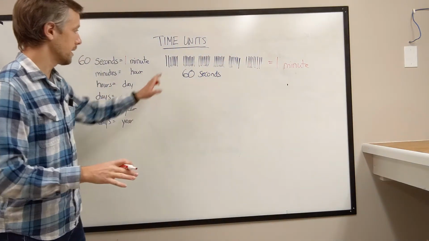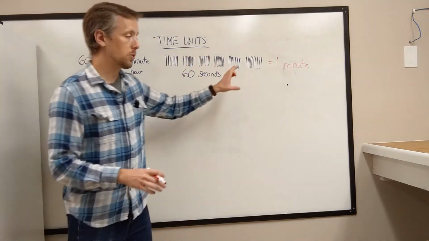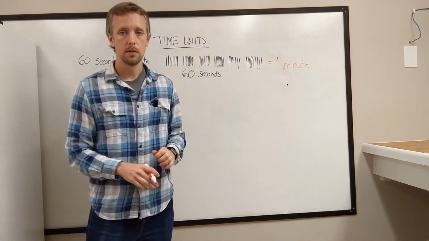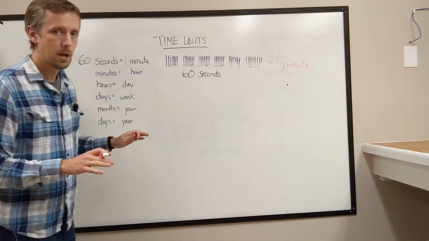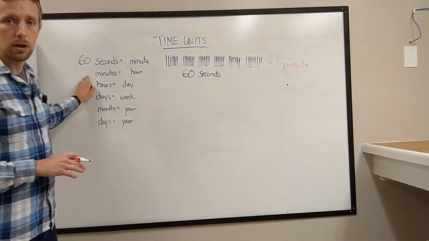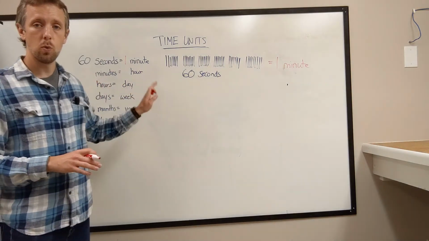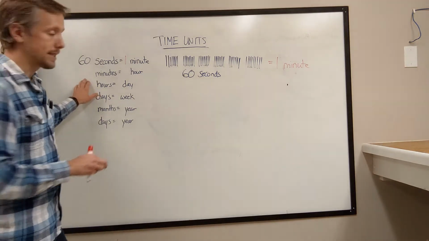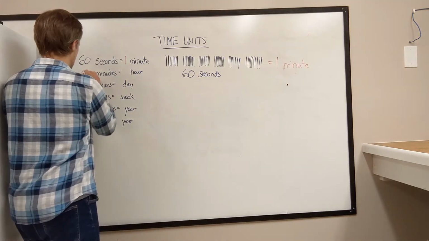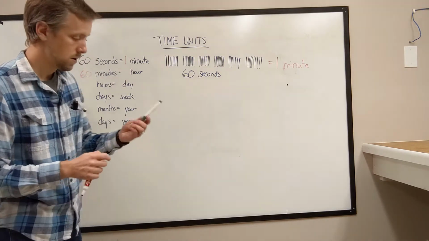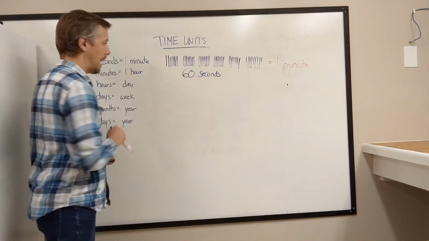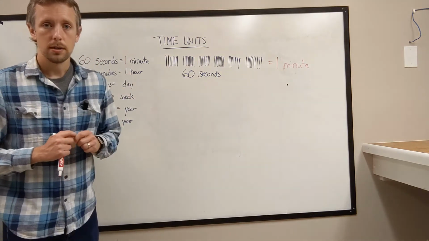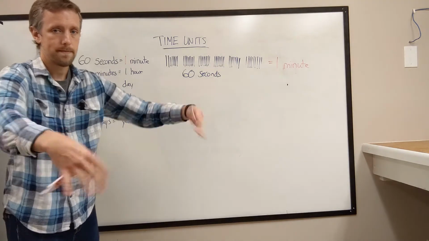Okay, we got it. 60 seconds is equal to 1 minute. All right, got it? Next one. How many minutes is equal to 1 hour? Again, the answer is 60. 60 minutes is equal to 1 hour. Let's try drawing this one out.